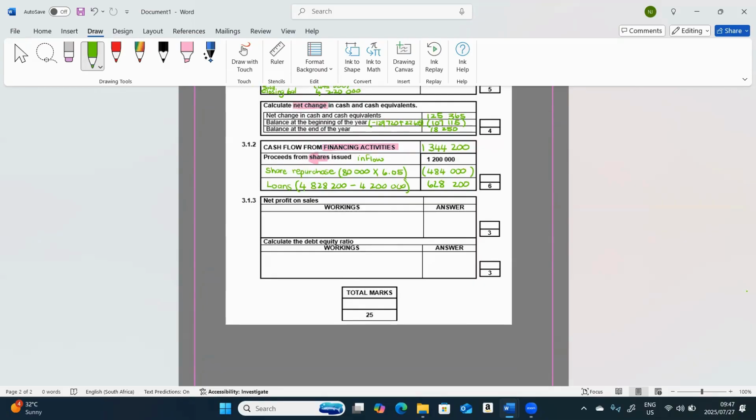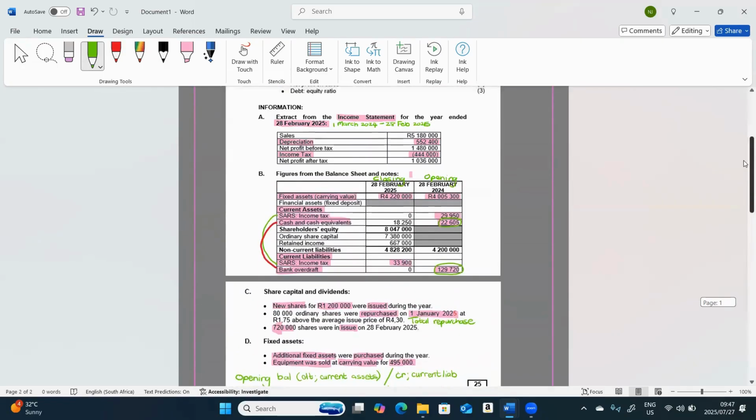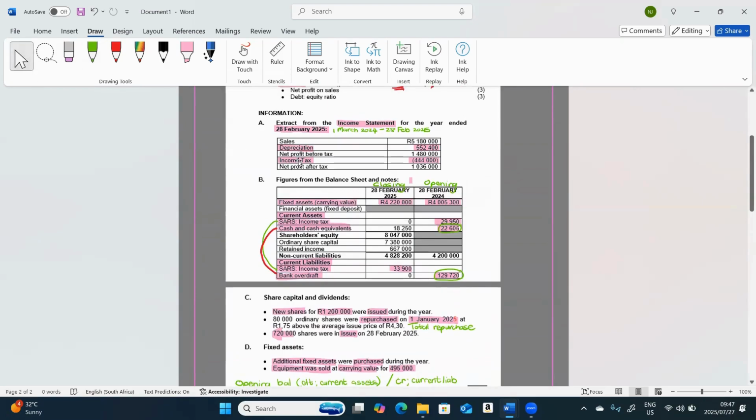They ask you to only calculate your net profit on sales. Now, once again, you can either use your net profit before tax of 1.4 million, or you can use your net profit after tax of 1,036,000 Rand.